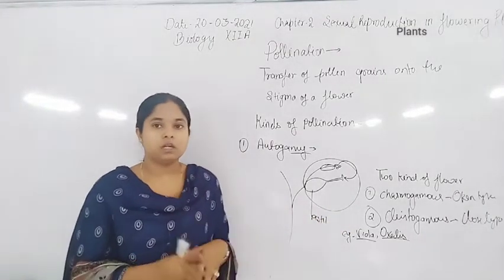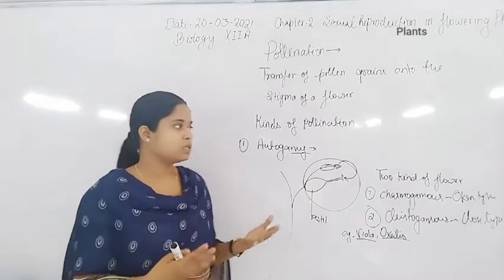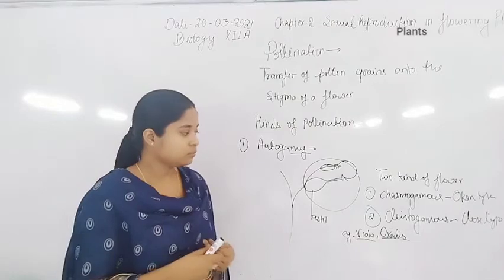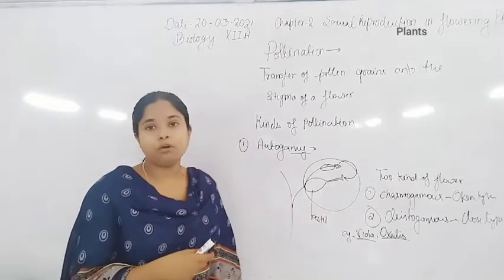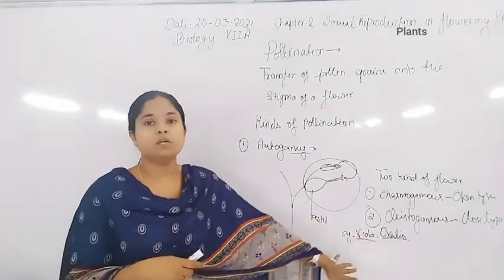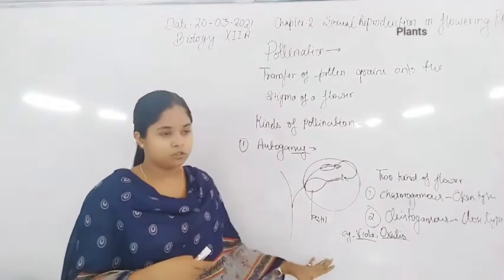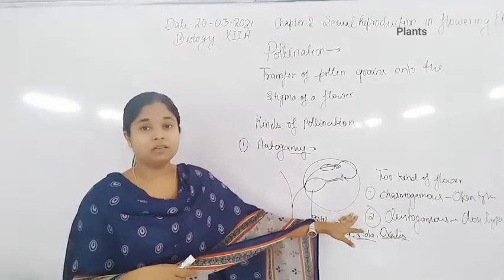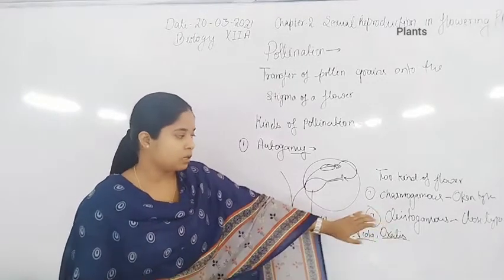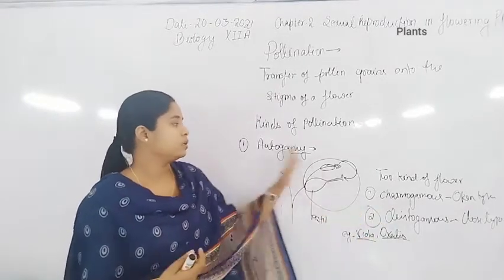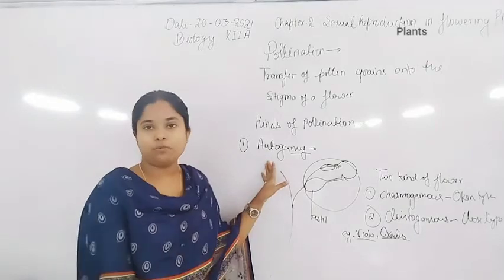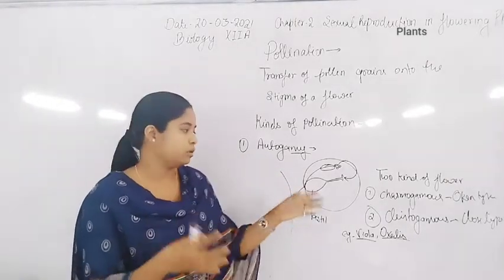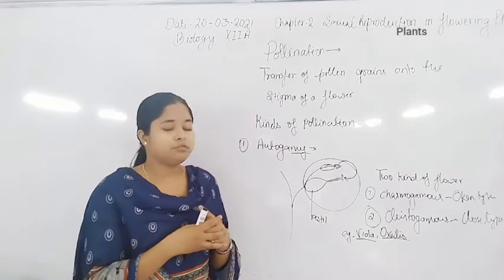Cross pollination, that kind of pollination, is known as zytonogamy. Now the clistogamous type of flower, because it is closed type, only allows self pollination. That type of flower strictly allows the autogamy type of pollination, that is self pollination, because they are closed type flowers.